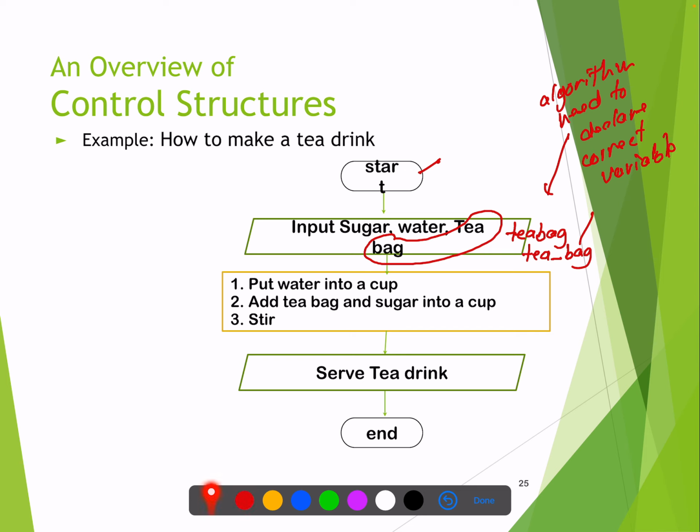The next step is put sugar and water into the cup. This is a process. Add the tea bag to the cup and stir, and then serve tea. This is only a metaphor to explain the sequence.